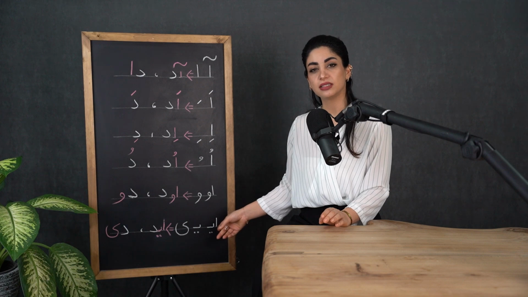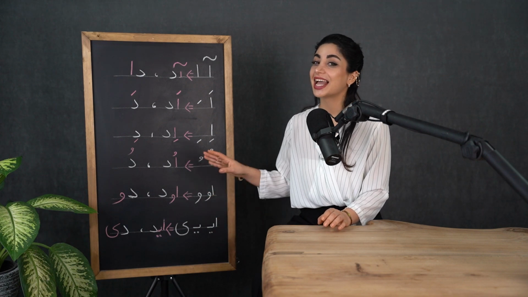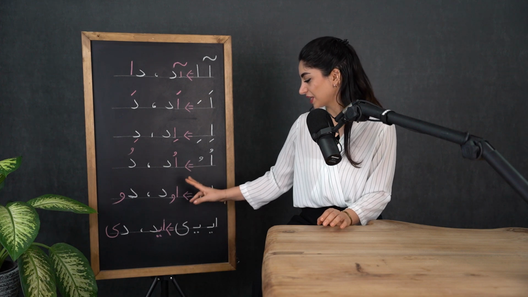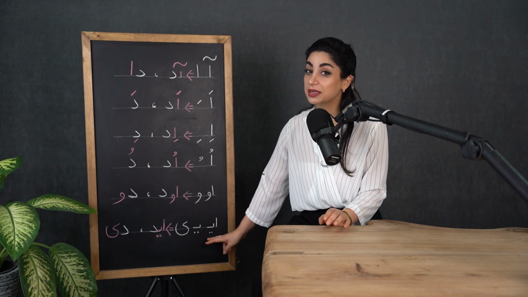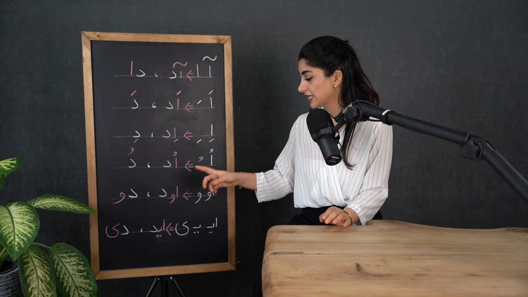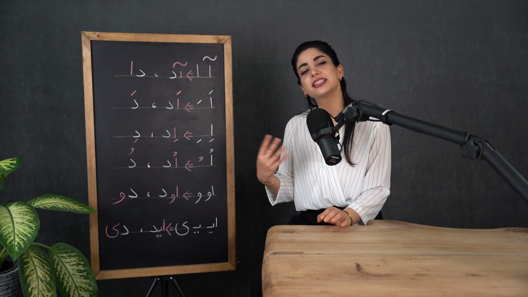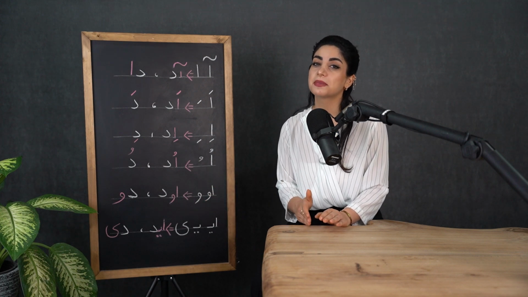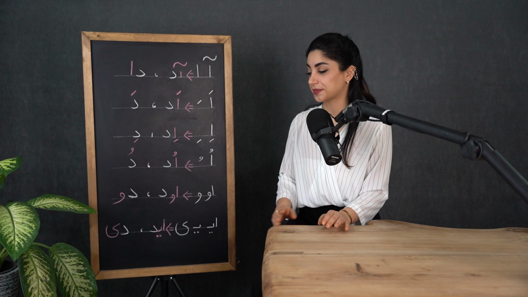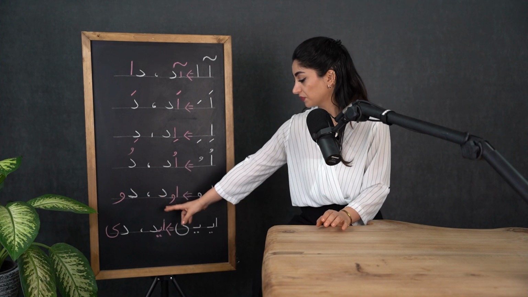Tricky, E. The first one comes always at the beginning and it attaches. This one comes in the middle and attaches from both sides because it's in the middle. And this one comes always at the end, sometimes attached, sometimes doesn't. It depends on the consonant. So what happens when these want to start with the D?